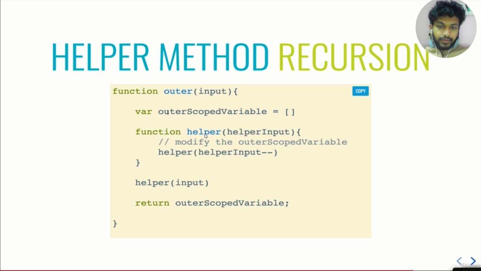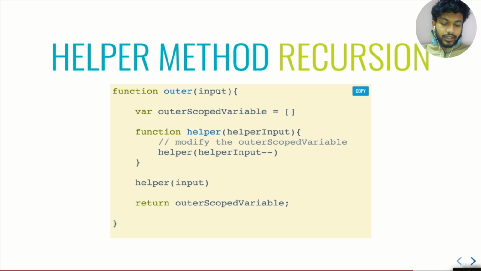We have the function keyword, the helper keyword, and helper input. Where does this helper input come from? The helper input is nothing but the input that the outer function has received. So the user doesn't have to write some crazy input.